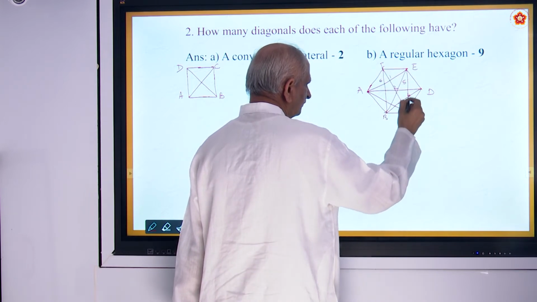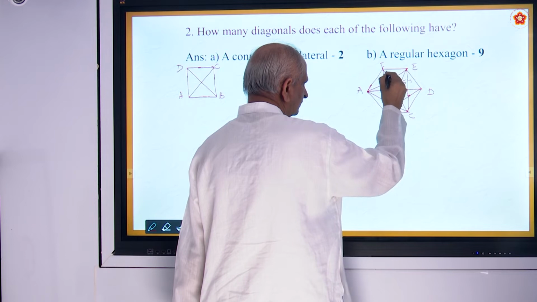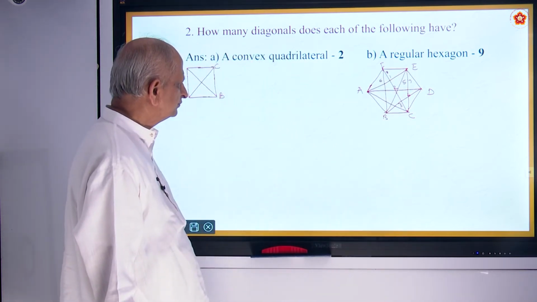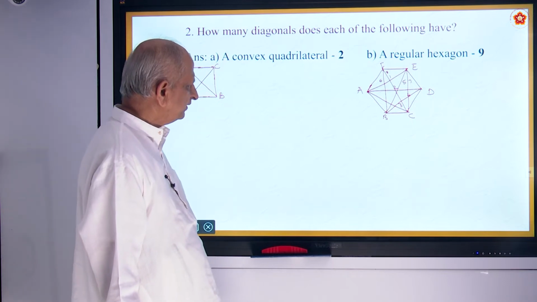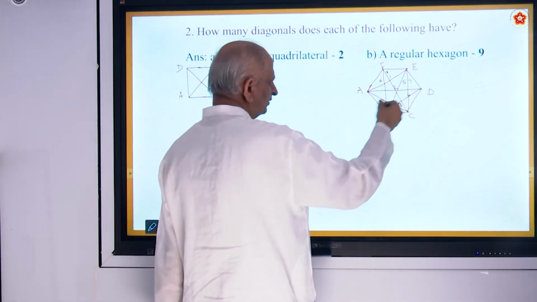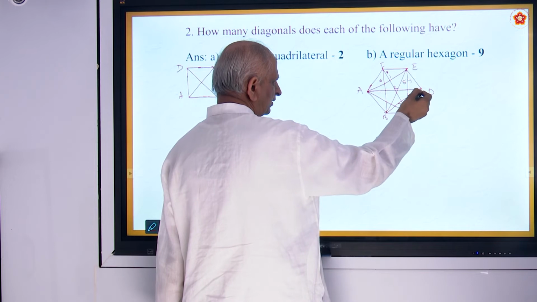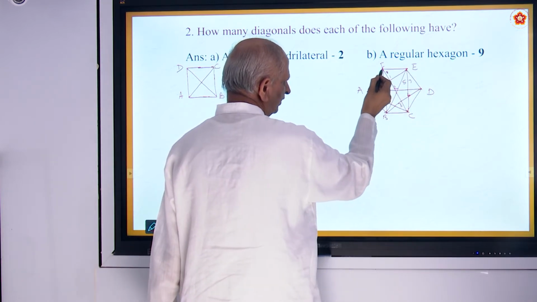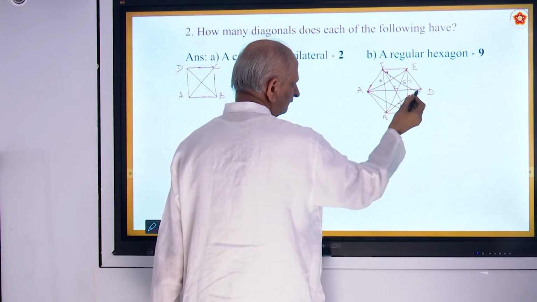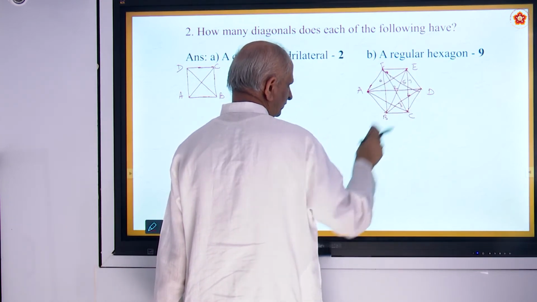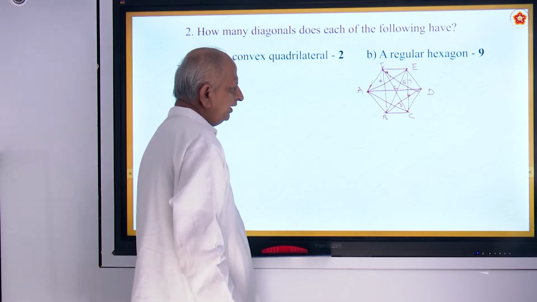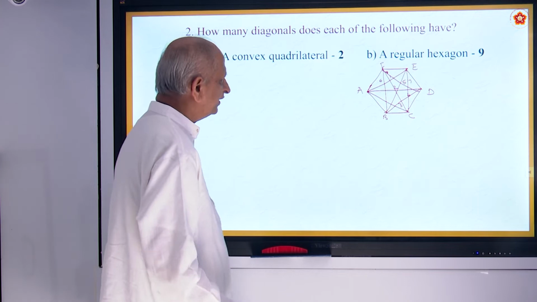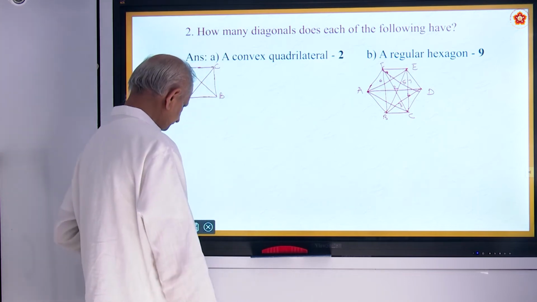It is 7 and 8. From D, all are over, right? DB is over, DA is over, and DE is not there. DF is there. You can have one DF. So that is the 9th one. So totally you will have 9 diagonals. Okay.